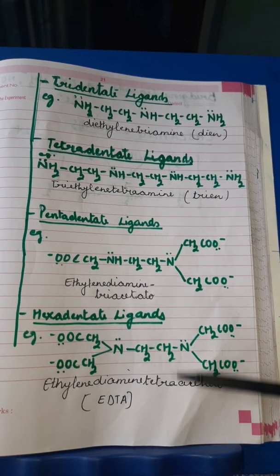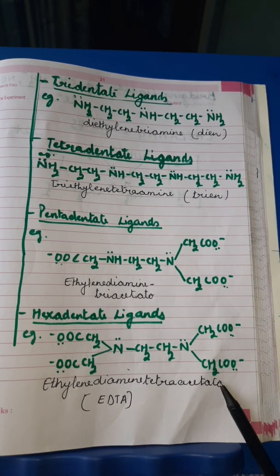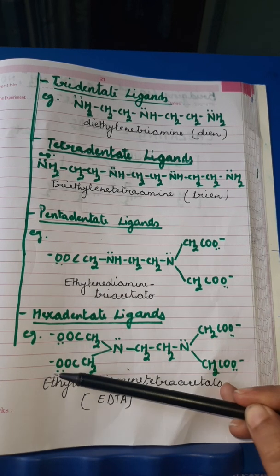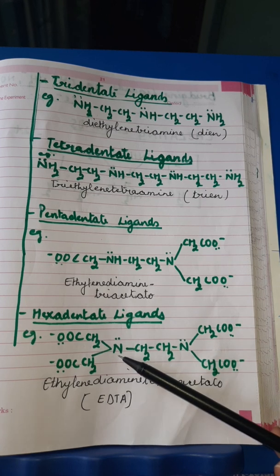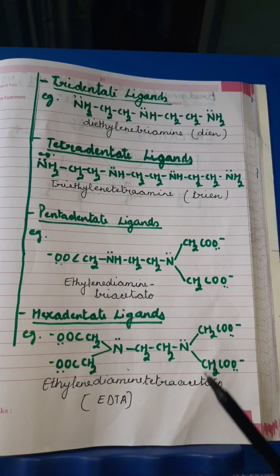So this is the structure of the ligand. You can count here, it has 6 donor atoms: 4 negatively charged oxygen, 1, 2, 3, 4, and 2 lone pair carrying nitrogen atoms in the form of amino groups, 1 here and 1 here. So these are 6. You must be thinking that I told you 7.